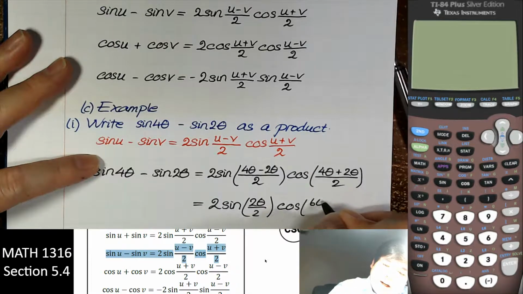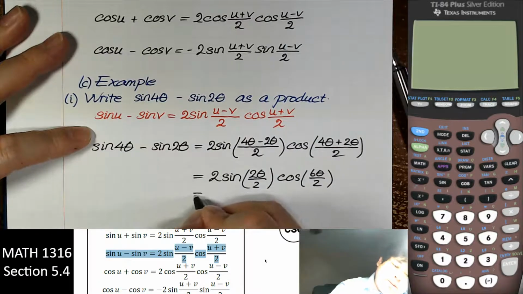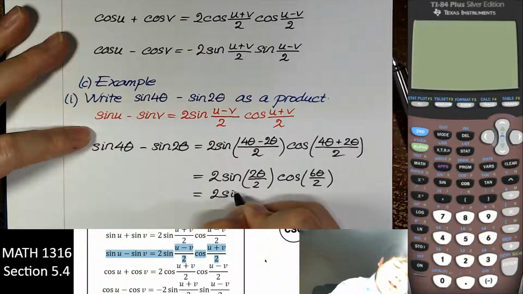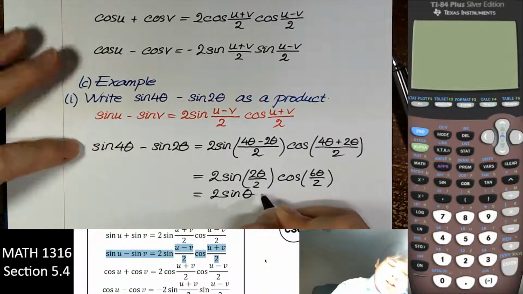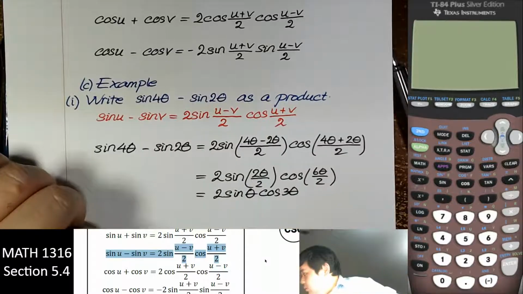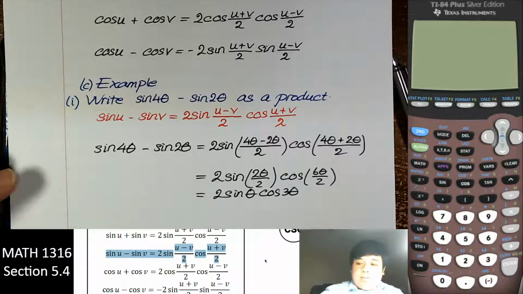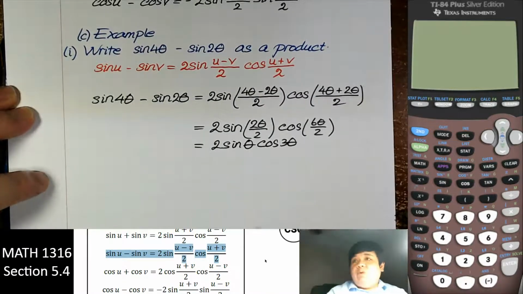And this is 6 theta divided by 2. So we just have 2 sine of theta and cosine of 3 theta. Right, pretty straightforward.